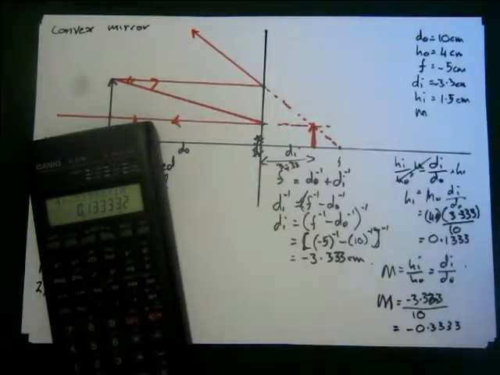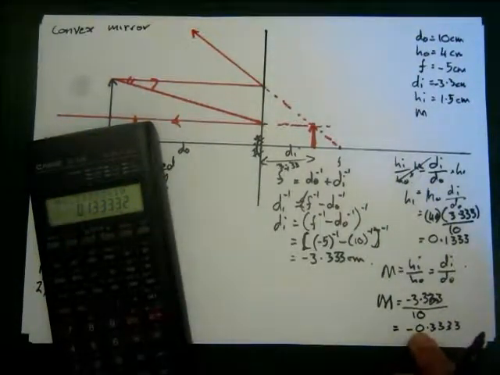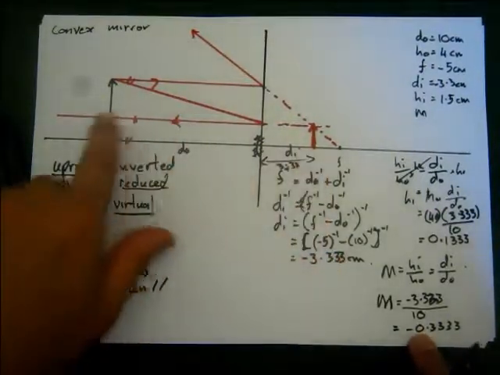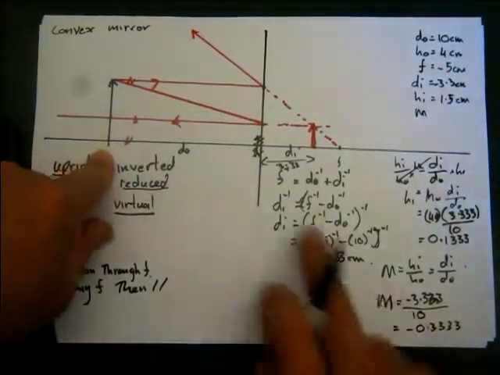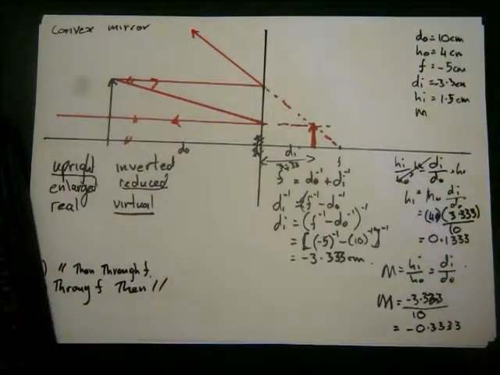So it says it's a third of the height. Magnification is 1/3. This is a third of the size of that one. The negative sign just says it's upright.